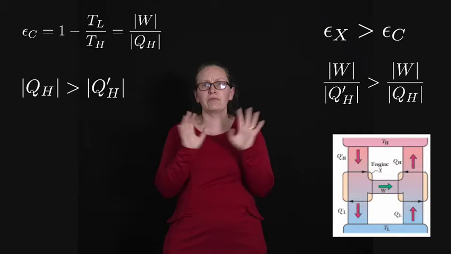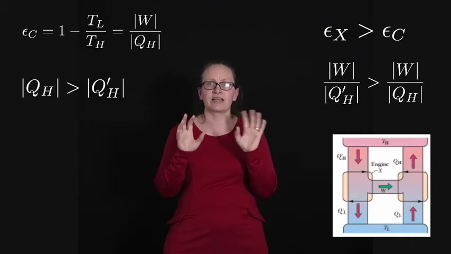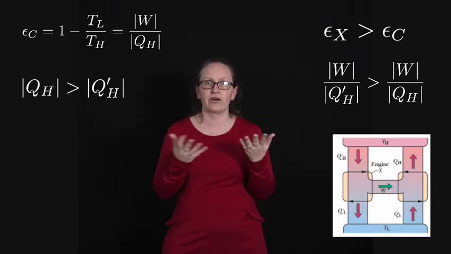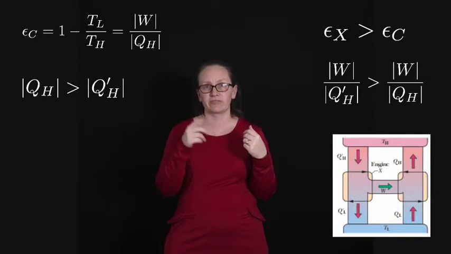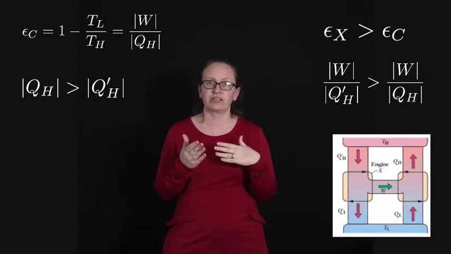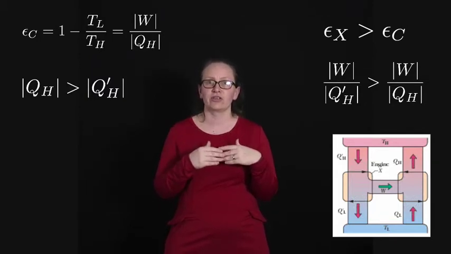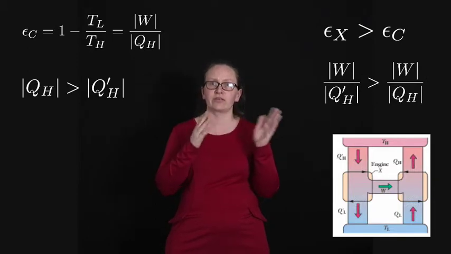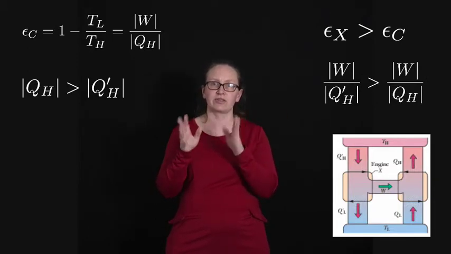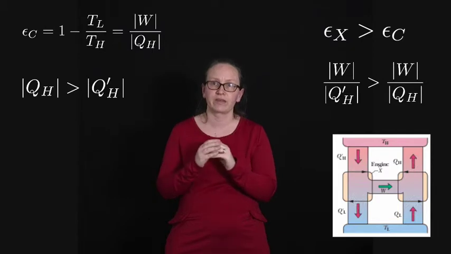Okay, so now we're going to consider our cycles, and from our first law of thermodynamics, we know if it goes around a cycle, the total change in internal energy is 0. So the absolute value of Q, the heat transferred, is equal to the absolute value of the work done.